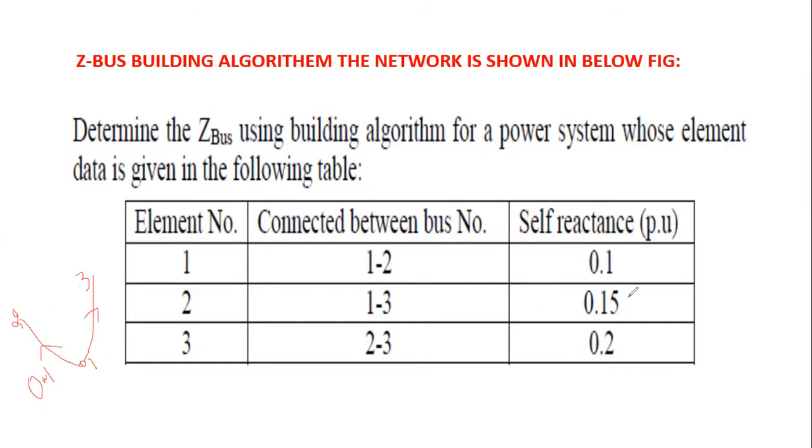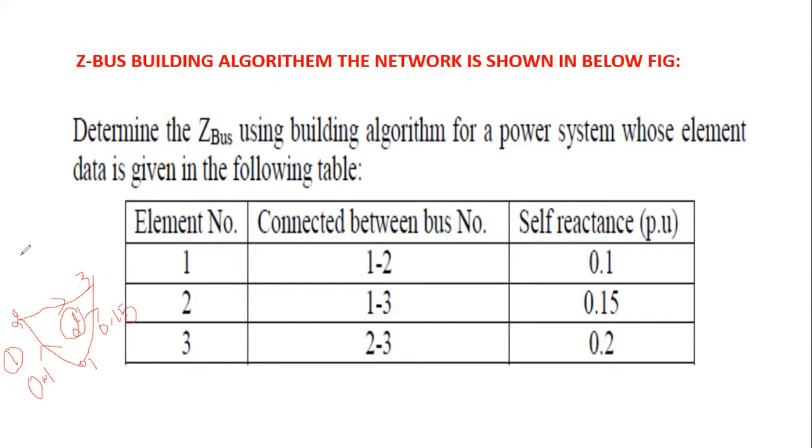This is element 1 and this is element 2, and its value is 0.15 per unit. Next, element 3 is added between bus 2 and bus 3, 2 to 3, so we take the arrow like this.